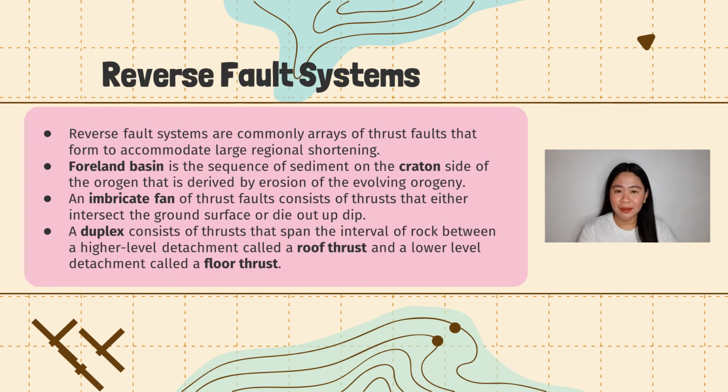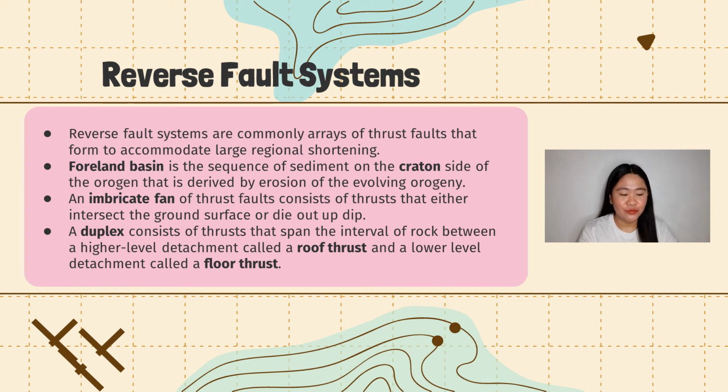Reverse fault systems. Reverse fault systems are commonly arrays of thrust faults that form to accommodate large regional shortening. In detail, where thrusts cut upwards through sequences of contrasting strata, they have a stair-step profile with flats following weak horizons and ramps cutting across beds.